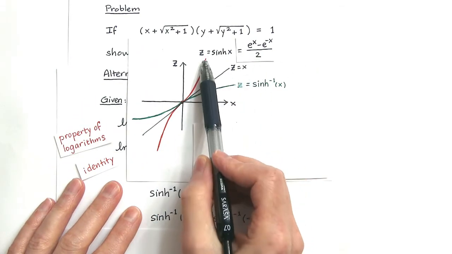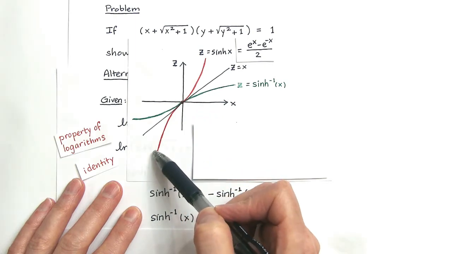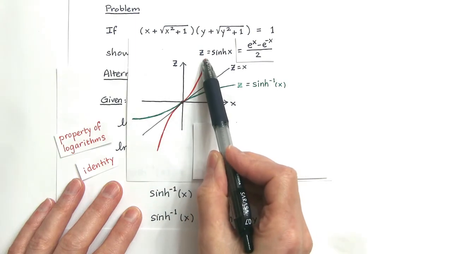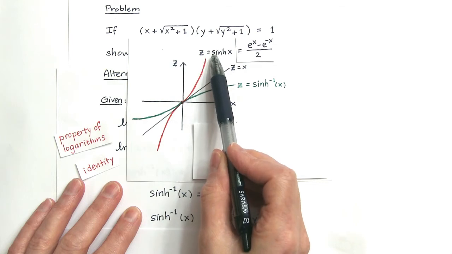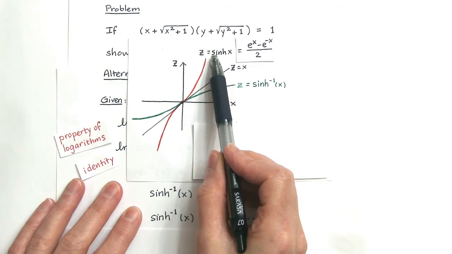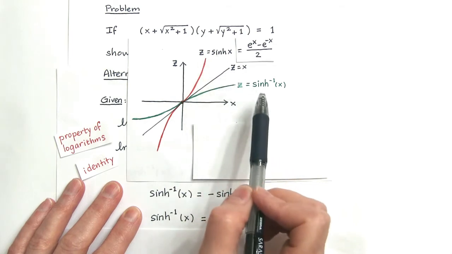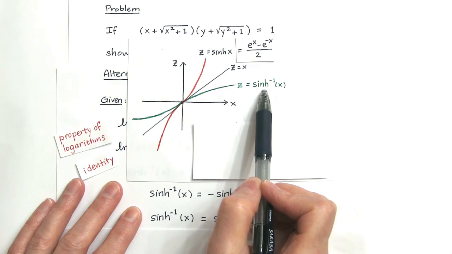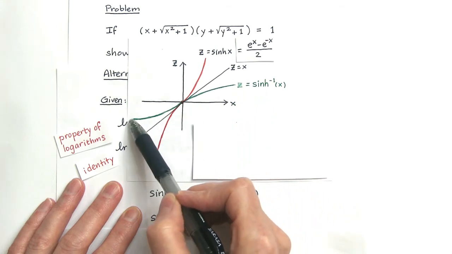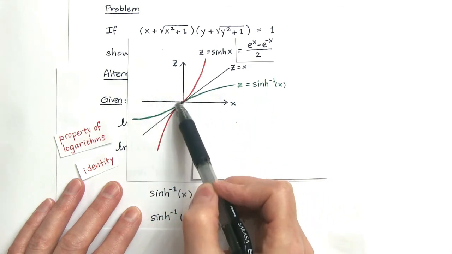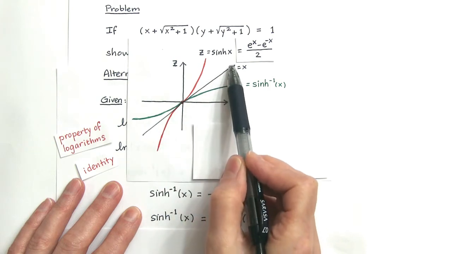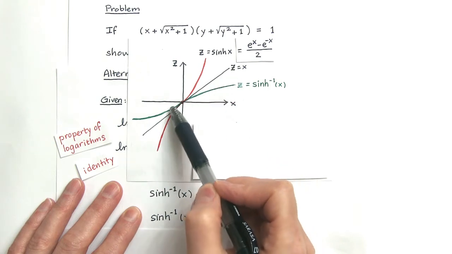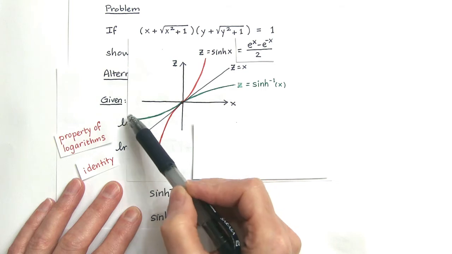And so it's a strictly increasing function, which means that it's 1-to-1 and invertible. And so the hyperbolic sine function has an inverse function, the inverse hyperbolic sine, which is found by taking the red graph and reflecting it across the line y equals x in this graph.